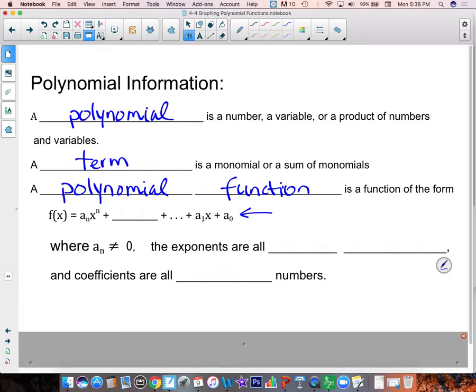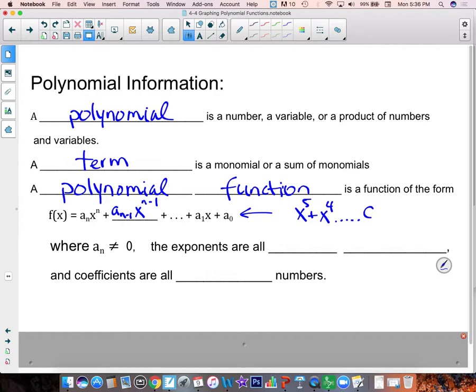The second term here would be plus a sub n minus 1 times x to the n minus 1, because remember, the only thing we care about is that the exponent is going down by 1. So say we have a polynomial that starts at x to the 5th. You know the next term in line is going to be x to the 4th, all the way down until you get to a constant. That's just the standard form of a polynomial.